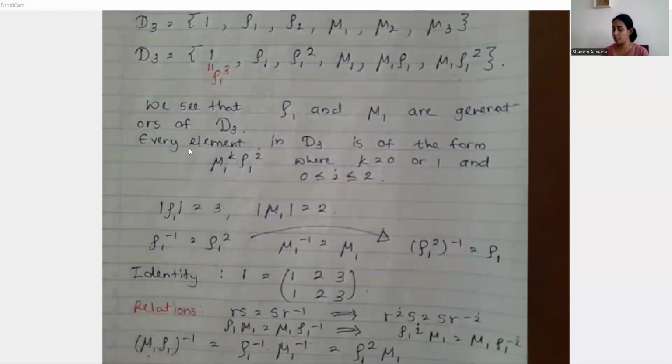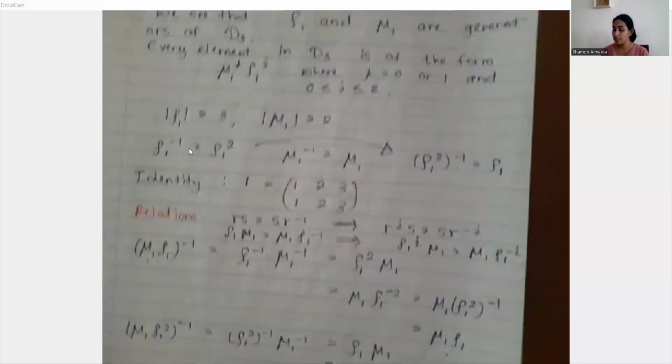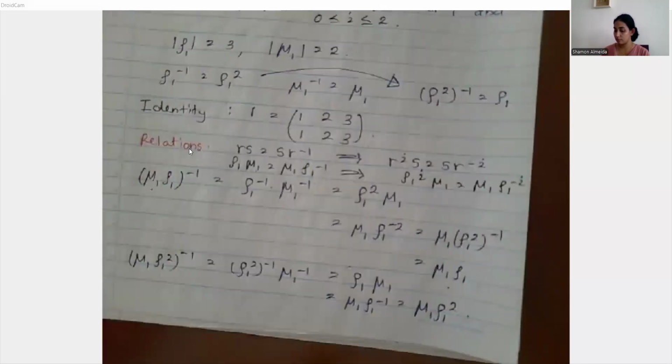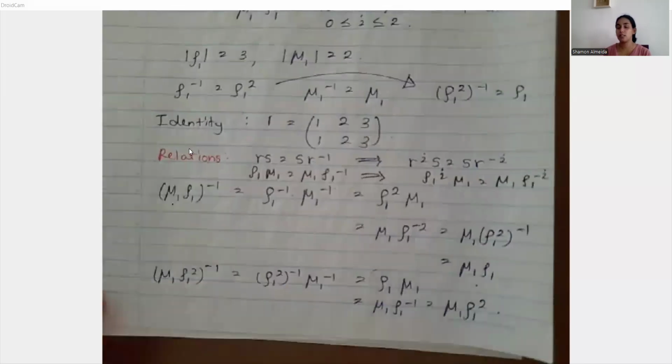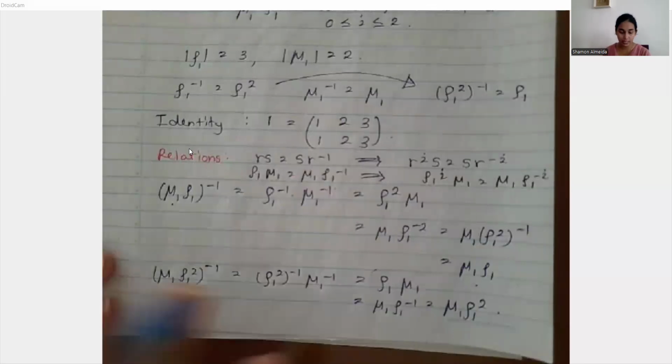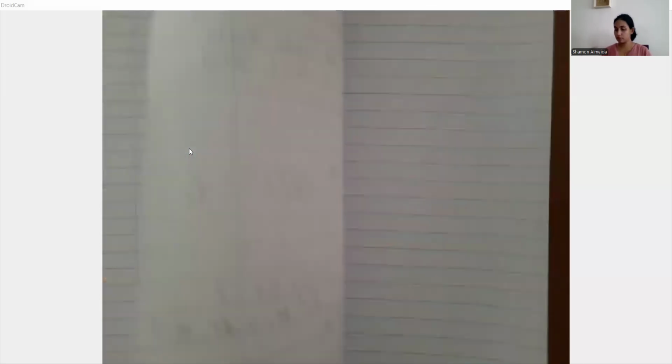And for each element, we found the inverse, which is also an element in the set itself. The associativity holds because it holds for function composition. This is a group under function composition. So this is all about D3.